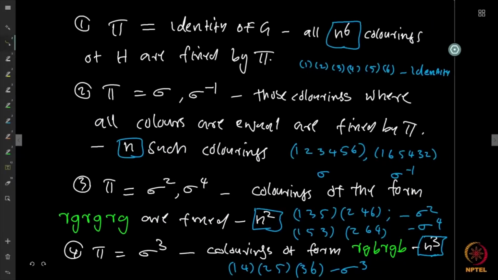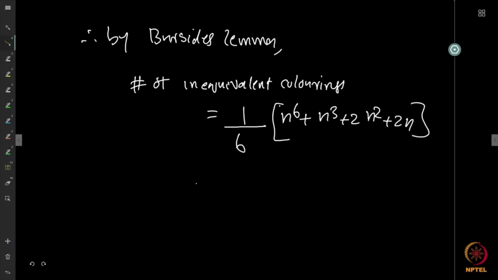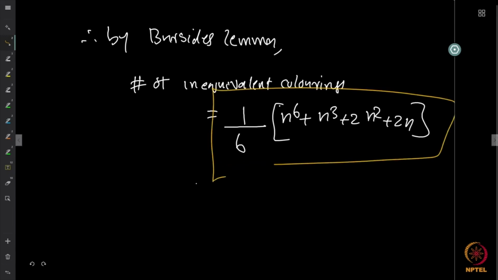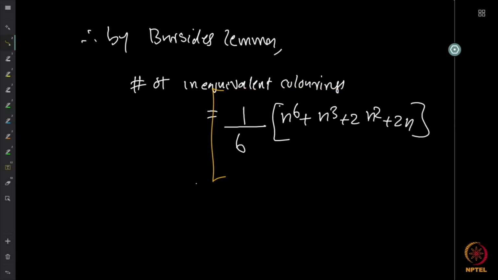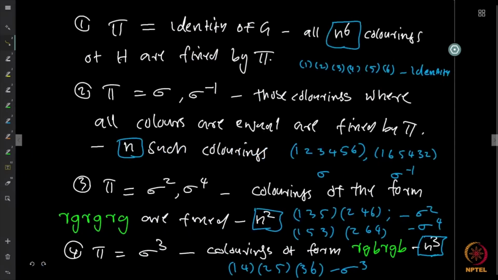But now let us observe something else. If you look at this count that we have obtained here, we have 1 by 6 into n raised to 6 plus n raised to 3 plus 2n square plus 2n. So let us see what is the exponent of n raised to 6 here. So n raised to 6 comes from the identity of G, and you will see that the identity has exactly 6 cycles in its cycle representation.